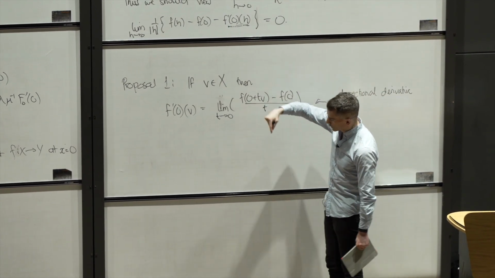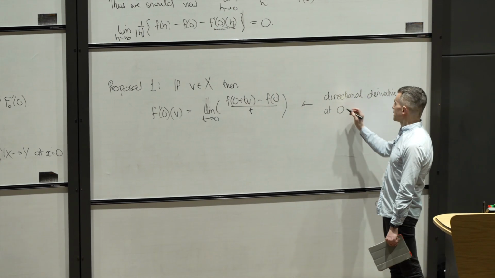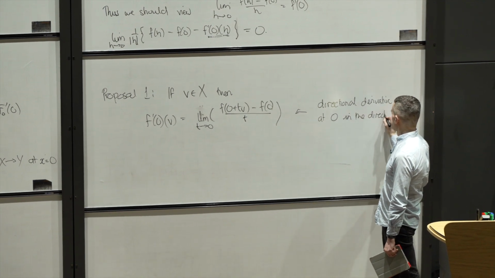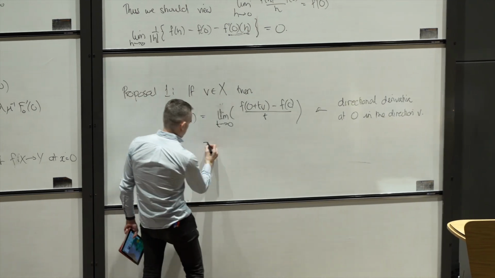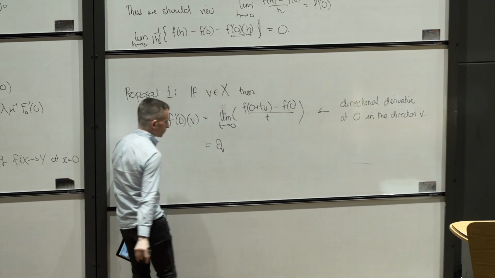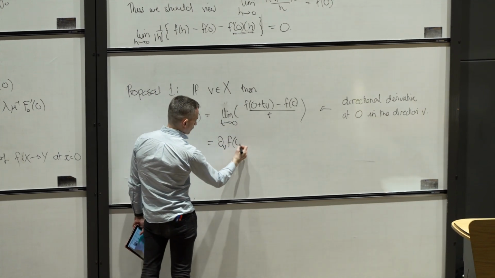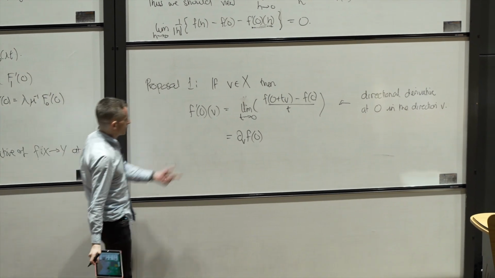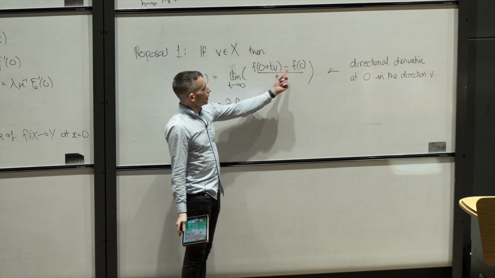That's the point you're basing your measurements of the function f from, in the direction v. And we'll probably denote that as partial v of f at 0. Okay, so this is one reasonable candidate.